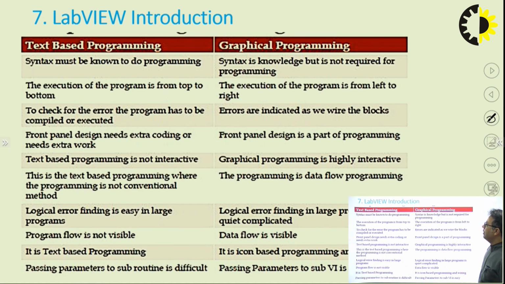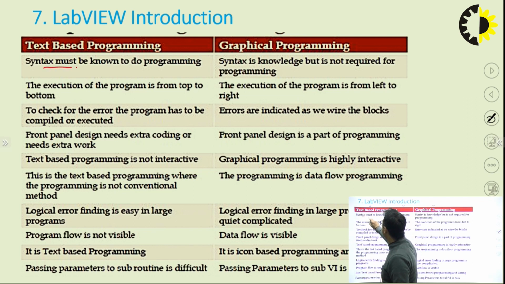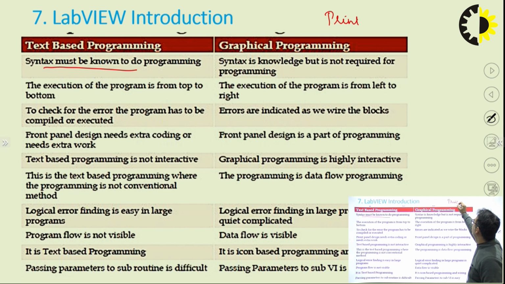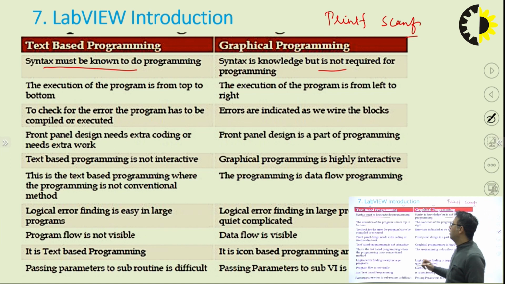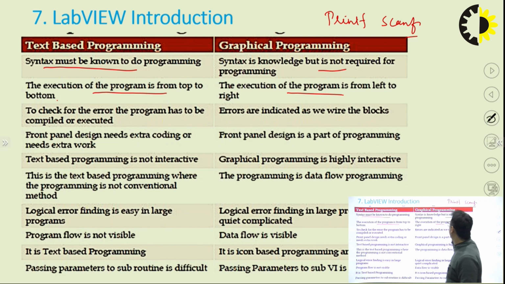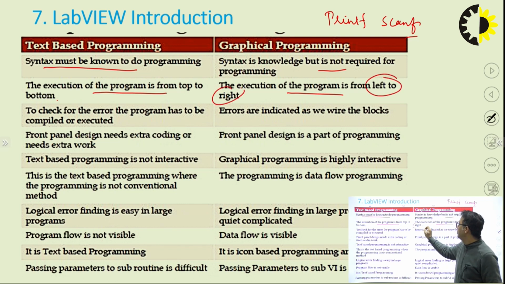So how is this language different from a text-based programming language? First of all, in text-based languages syntax must be known. As we talk about C language, there is syntax which we should remember, like we have to use printf, scanf. But here, as such, no syntax is required in graphical programming. The execution of text programming is top to bottom, but here execution of the program is from left to right.